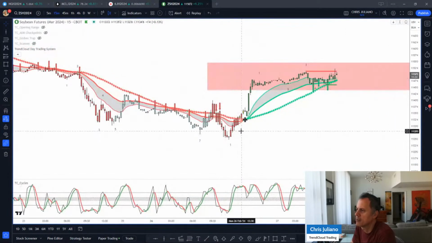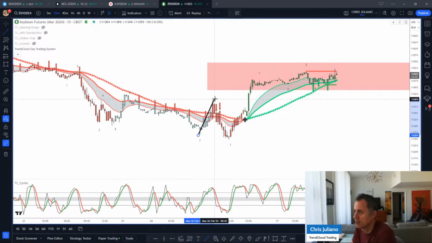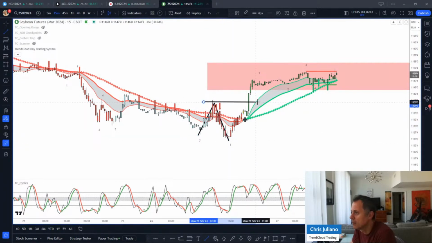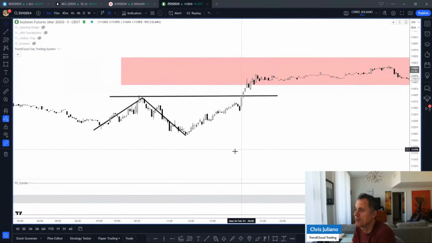15-minute chart. It even went extended on the 15-minute. And what did it do? It dropped down a little lower, right? Right there is one entry point. 5-minute chart.